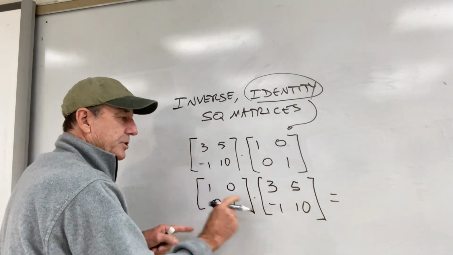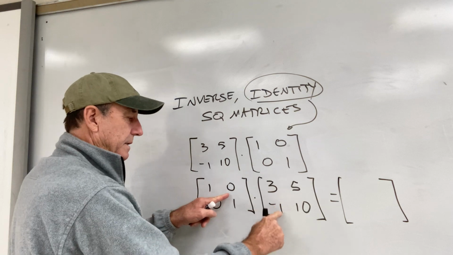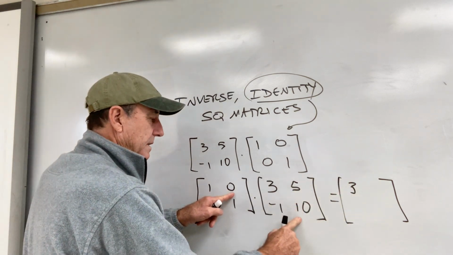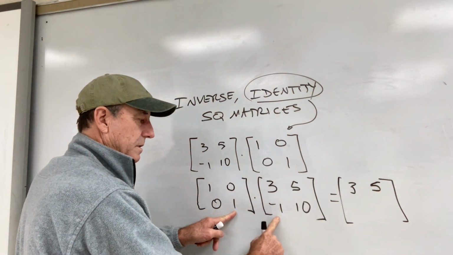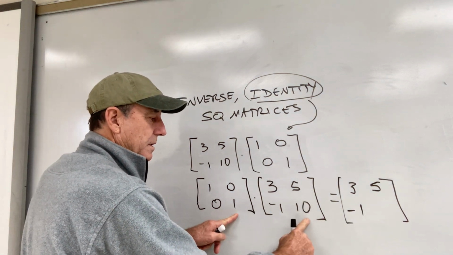So again, just a quick check, rows and columns. First row, so this is 3 plus 0. This is 5 plus 0. Second row, this is 0 minus 1. And second row, second column, 0, 10.